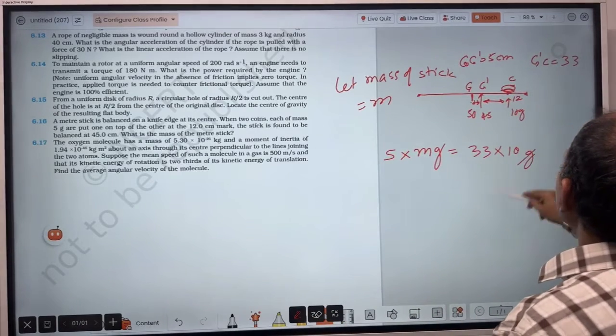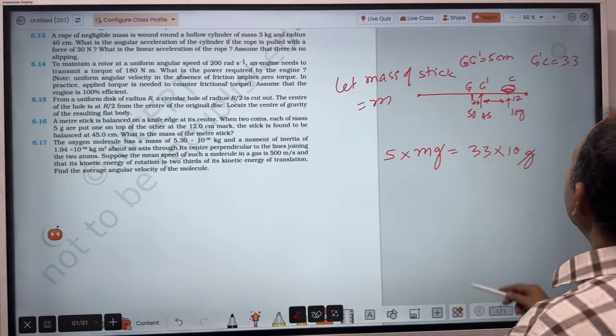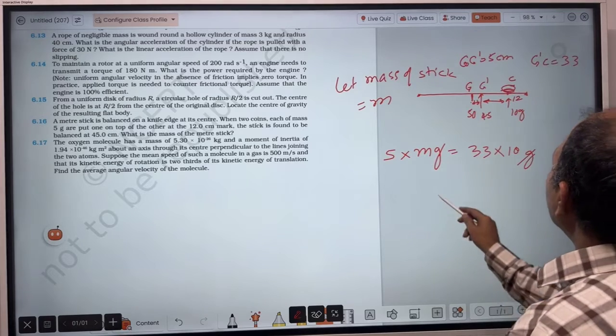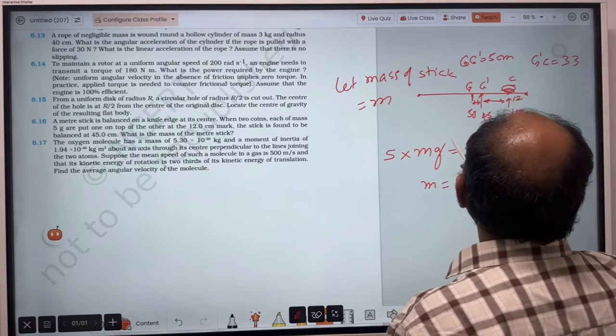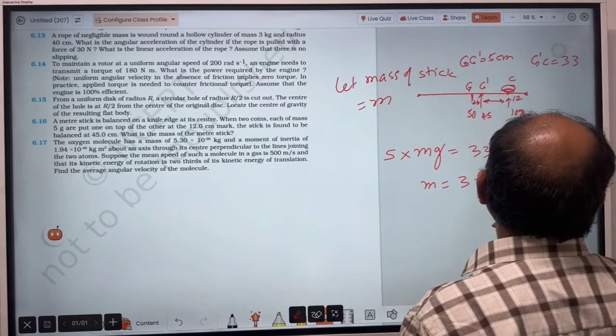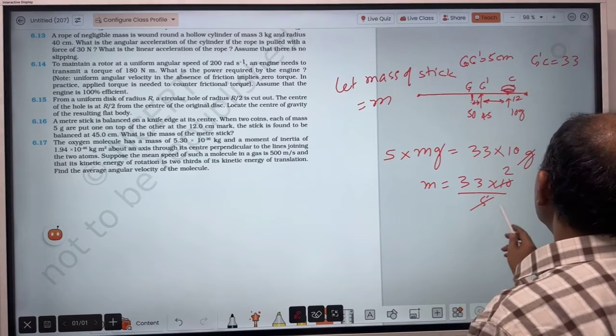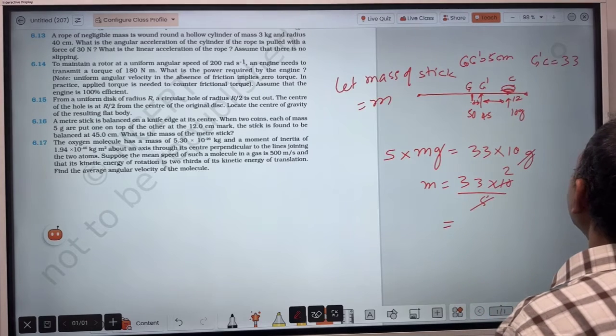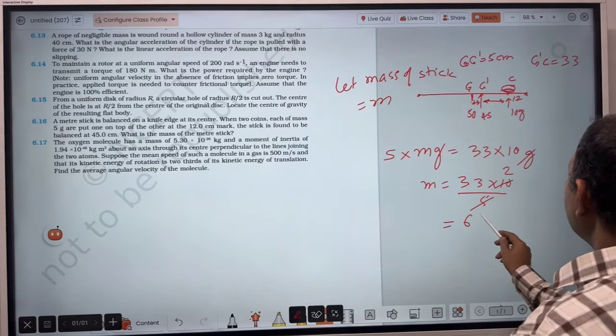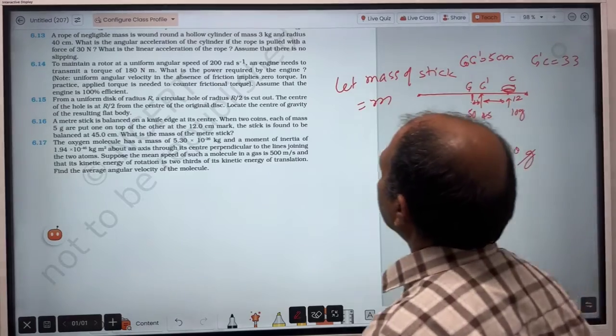Now we can cancel g, and then we can get m equals 33 into 10 divided by 5. 5 2s are 10. So this will be 66 gram.